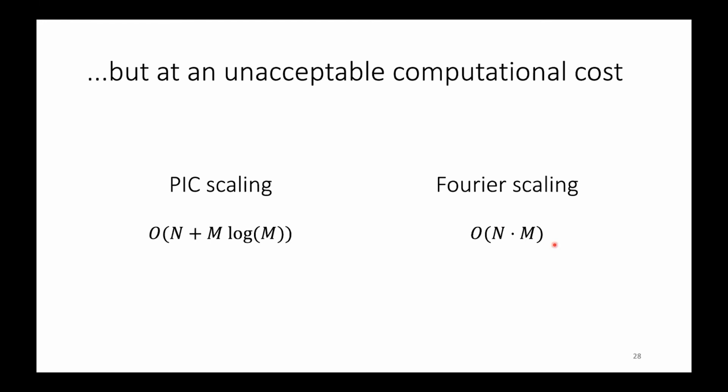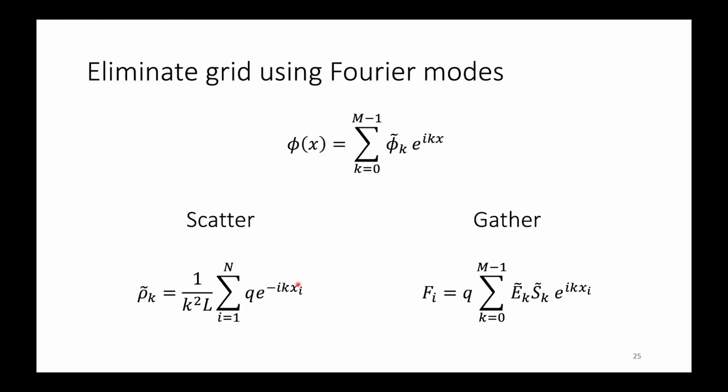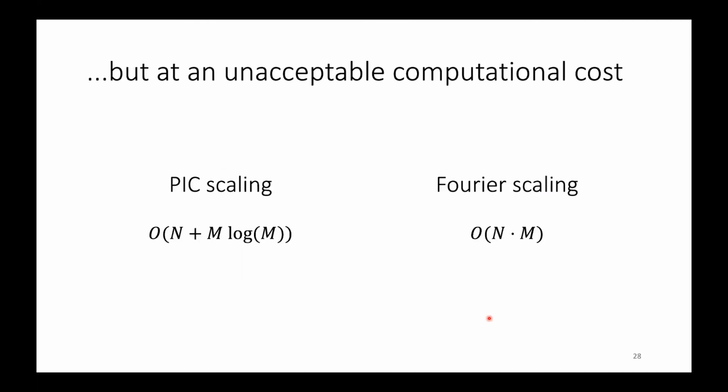You can see here that for each mode, we have to talk to each particle, and for each particle here, we have to talk to each mode. And so this scales as the product of the number of modes and the number of particles. That is just unacceptable. We can't run these large-scale PIC simulations using this kind of method.